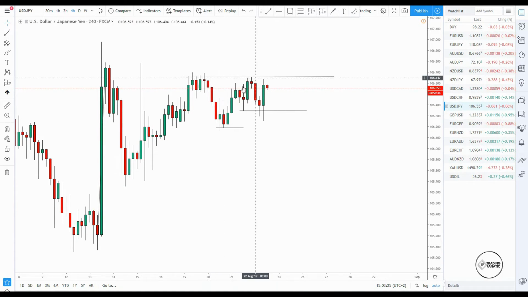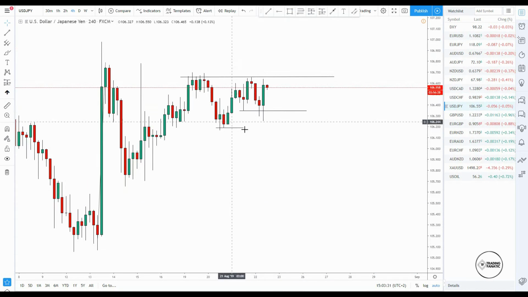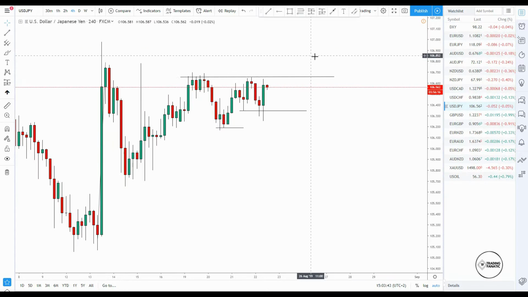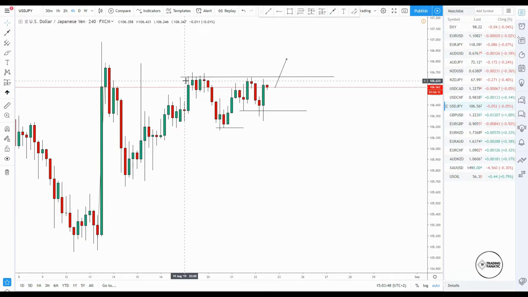So that's a minor detail that you have to be aware of, that one pair may push while the other may be stalling a little bit, but it will eventually push, as you can see with this very nice rejection from the bottom and pushing up. So if USD Swiss franc now made a new higher high, I expect USD JPY to continue up and to break this resistance level in order to create a new higher high.